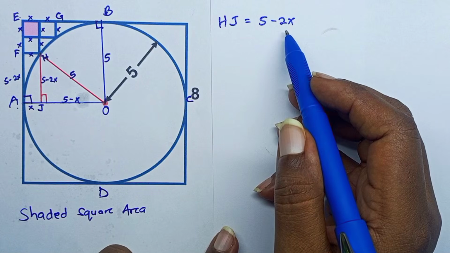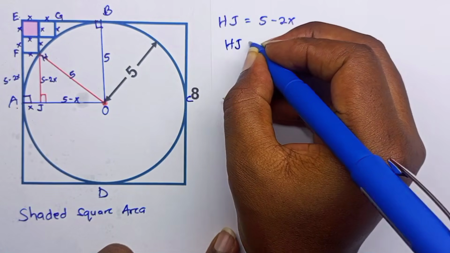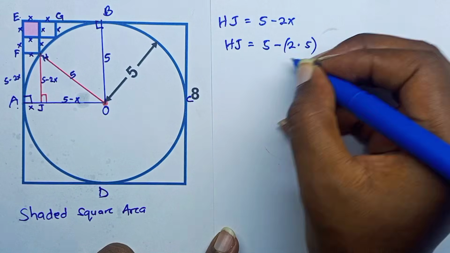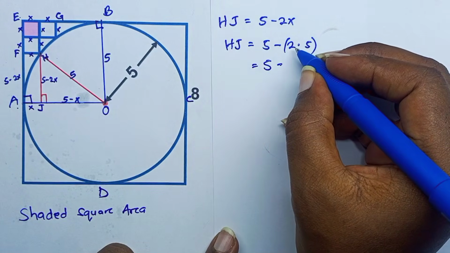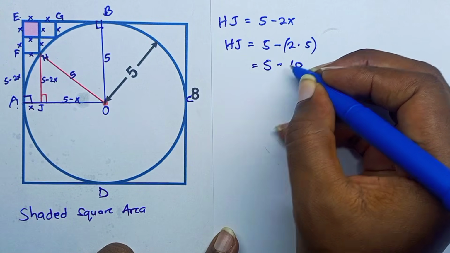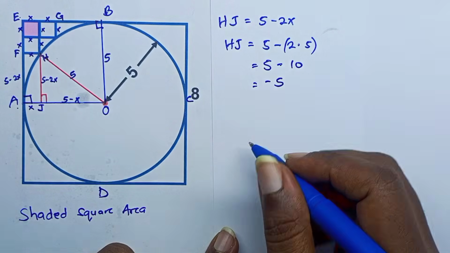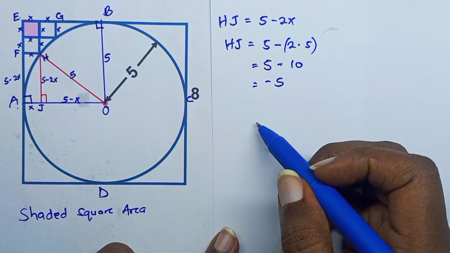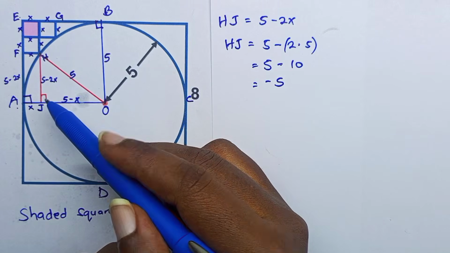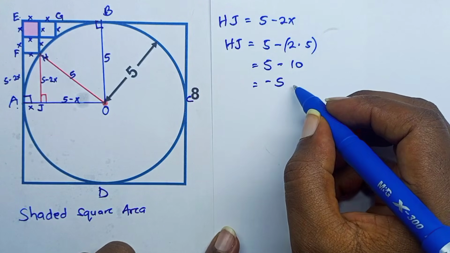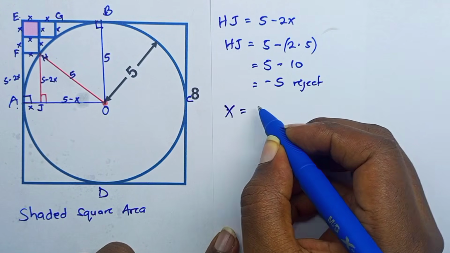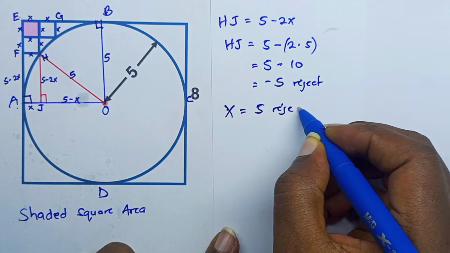But we have got our value of x as 5, so HJ will be 5 minus 2 times 5, which is 5 minus 10. This gives us negative 5 as the answer for height HJ. But we know that HJ represents length and it can't be negative. So we reject this solution. We reject x is equal to 5.